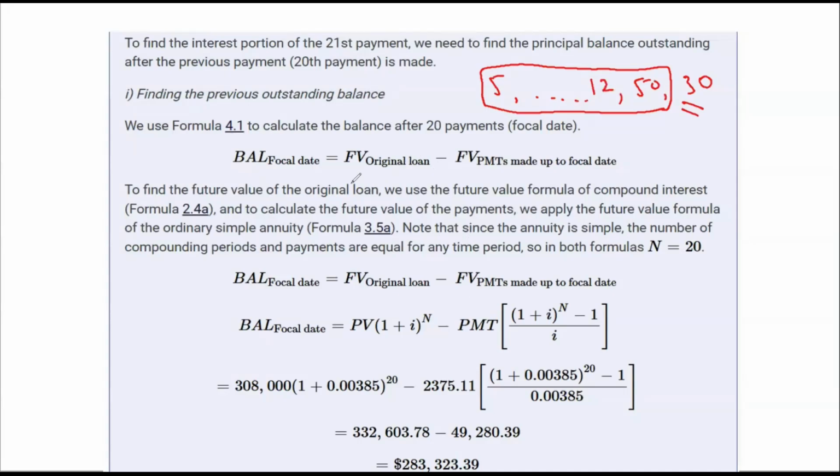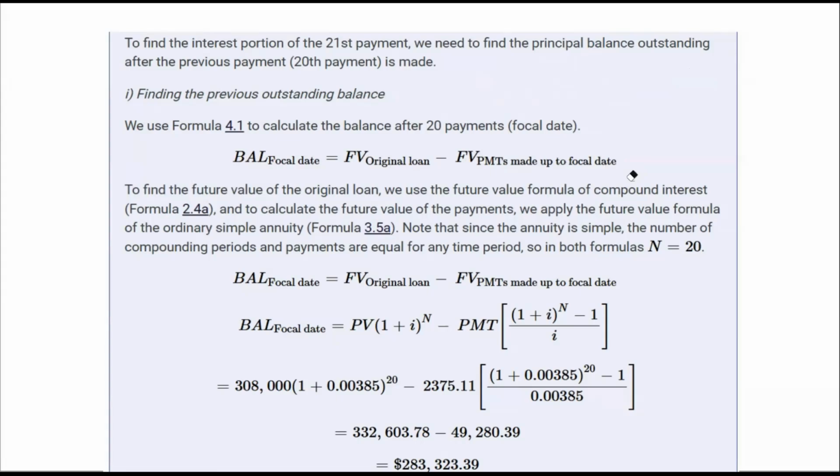Notice, anyways, that it's telling you here that the balance at the end of the focal date is going to be equal to the future value of the original loan minus the future value of the payments up to the focal date.